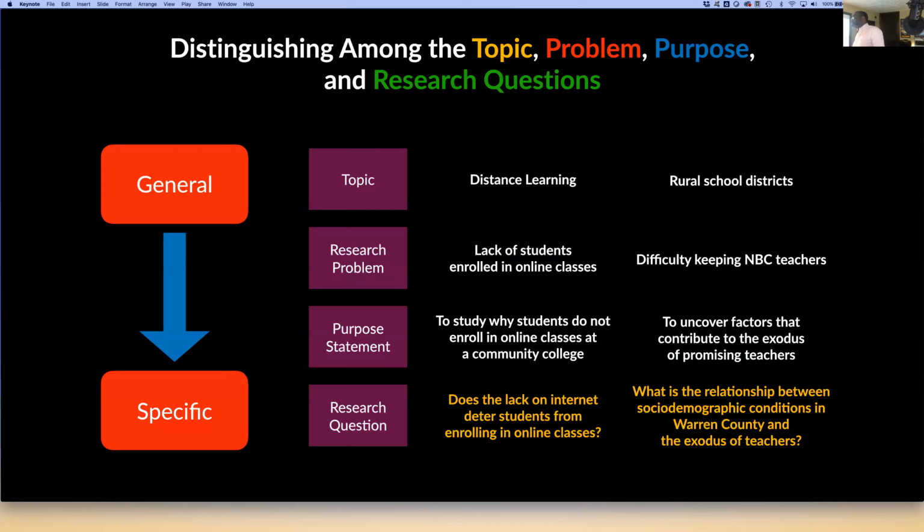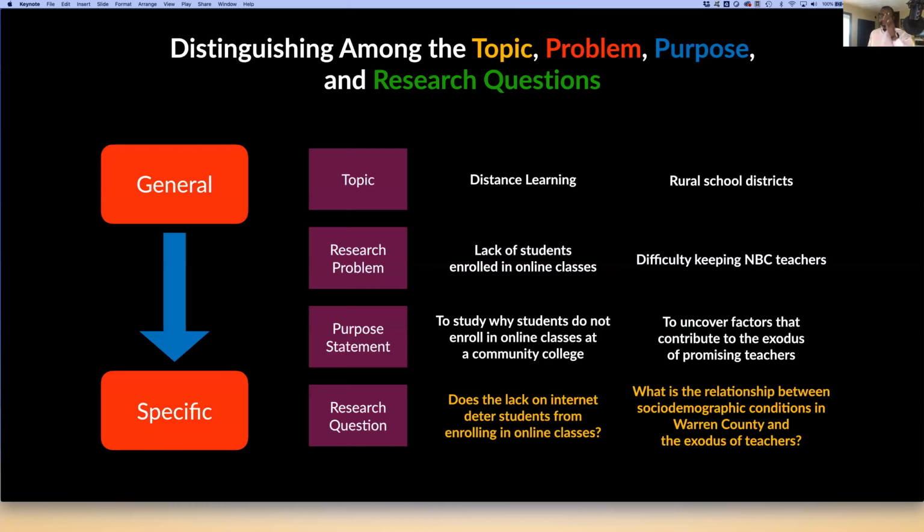And the purpose in this situation was to uncover the factors that contributed to the exodus of promising and valuable teachers. And so then your research question becomes, what is the relationship between socio-demographic conditions in Warren County and the exodus of teachers?